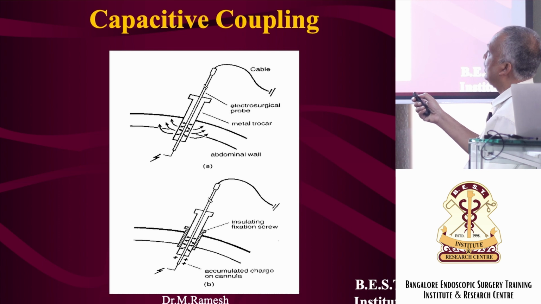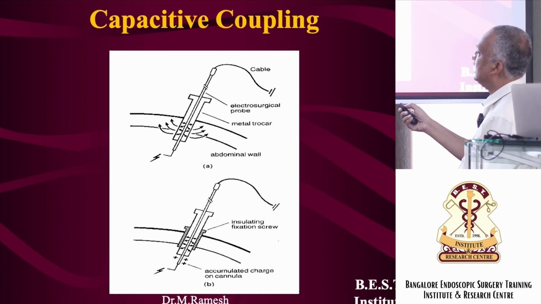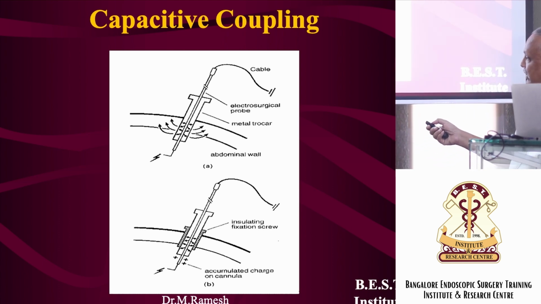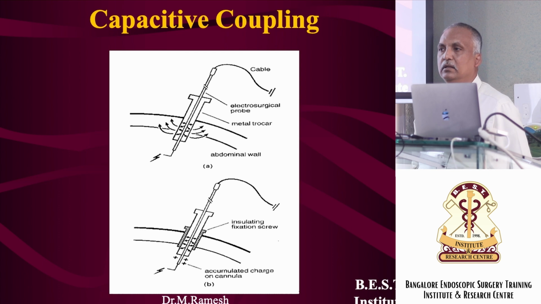But then supposing you have a reducer here. So this is a plastic cannula and you have a metal reducer. What happens is, every time the current comes here, it is held in the reducer, but it is not going to the abdominal wall because you have a plastic cannula outside.